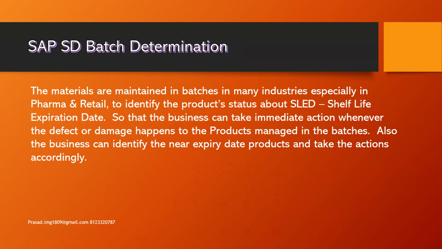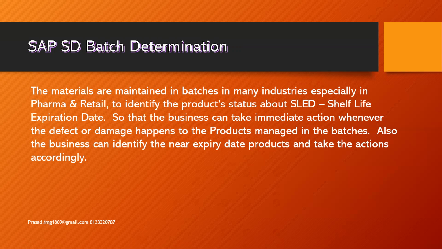So whenever the batch gets exhausted and comes near the expiration date, the business will take immediate action to sell the product as early as possible through different business promotions. In the pharma industry, all the medicines and products are maintained in batches.